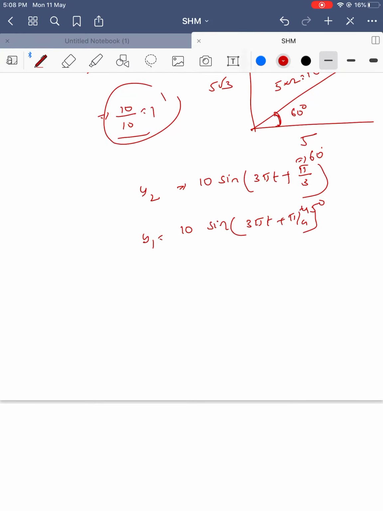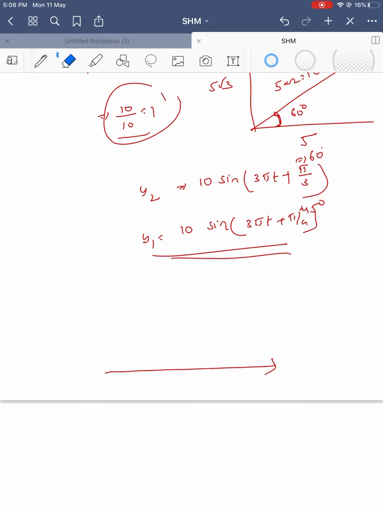How do we get the resultant of these two now? First, which one is less? y1 is less, so write y1. So y1 is 10 sine, and this amplitude is 10. What is the angular difference between y2 and y1?